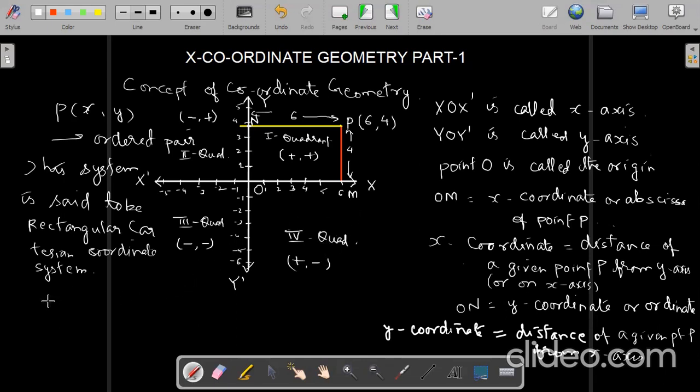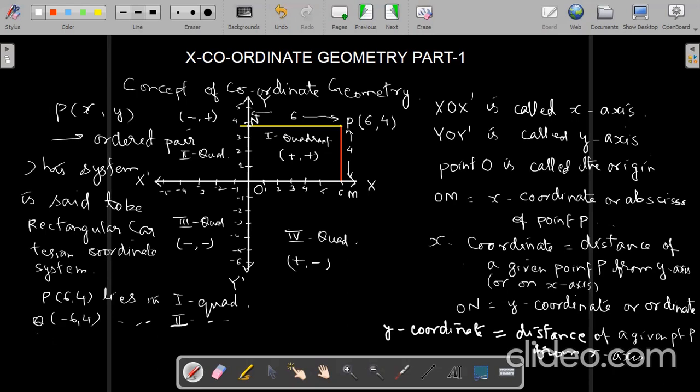For example, P is (6, 4). Both are positive, so we can directly write that it lies in the first quadrant. Suppose Q is another point, (-6, 4). The first is negative, so it lies in the second quadrant.